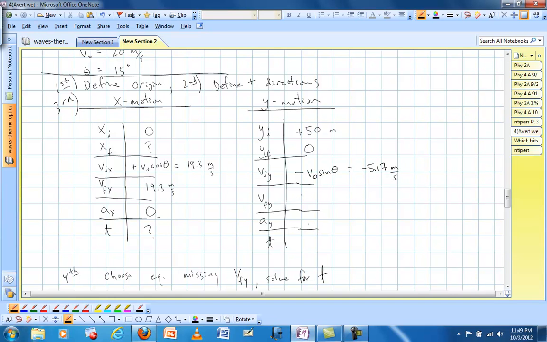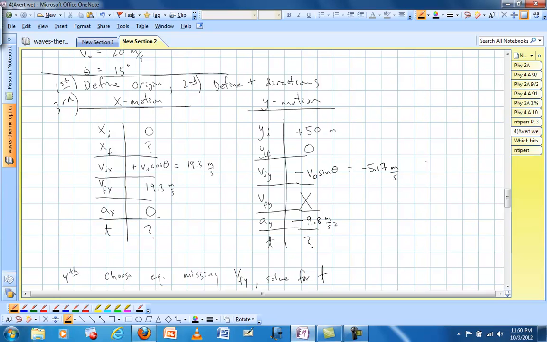The final velocity we don't know, and you know what? We don't really care. The acceleration in the y direction is down 9.8 meters per second squared, and the time we do not know, but that we do care about.